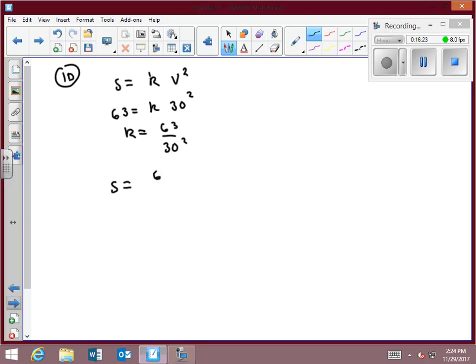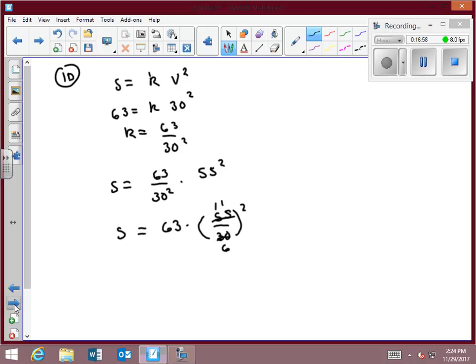It says find the stopping distance S. Constant of variation is 63 over 30 squared when the car is traveling 55 miles an hour. So that's times 55, and don't forget to square it. So we can do 63 times 55 over 30 and square that, because it's squared and squared. 5 is 11, 5 is 6.